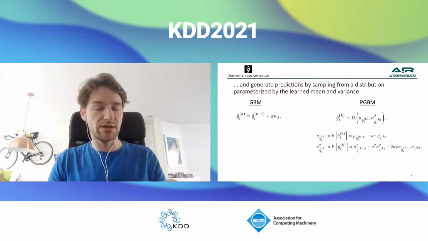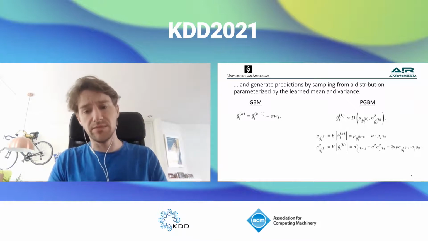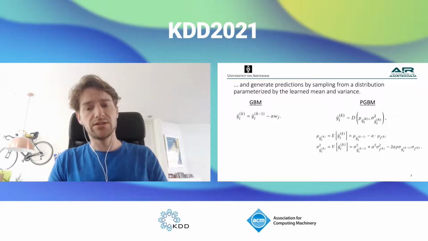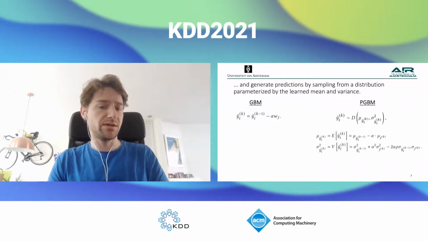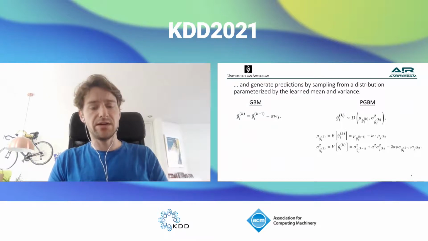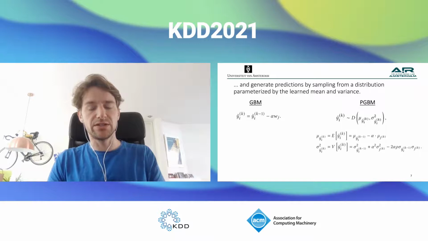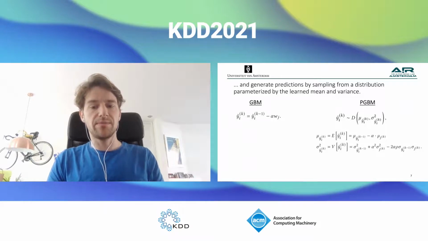For the mean mu, that's simply the mean mu of each previous tree minus a learning rate times the estimated mean of the tree that we just learned. That's what you see in the second equation of PGBM. The variance, the third equation of PGBM on the right, is similar.